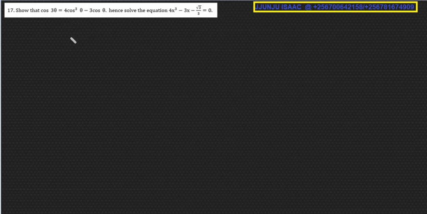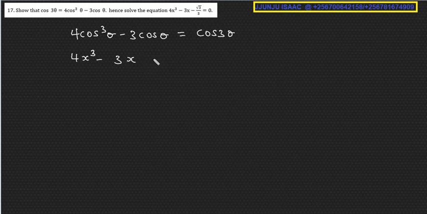I want you to observe that we have a 4 cos cubed theta minus a 3 cos theta, and now here we have a 4x cubed minus 3x equal to, I'm going to just take this part the other side, root 3 over 3.